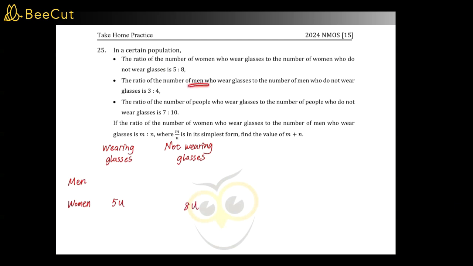And for the men, wearing glasses to not wearing glasses is 3 to 4. Let's say the number of men who are wearing glasses is 3P, not wearing is 4P. Follow the ratio given, 3 to 4.